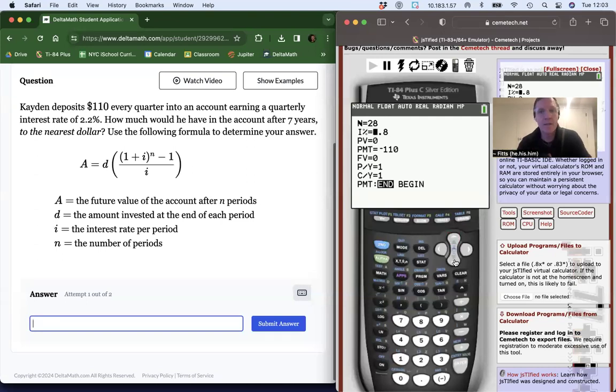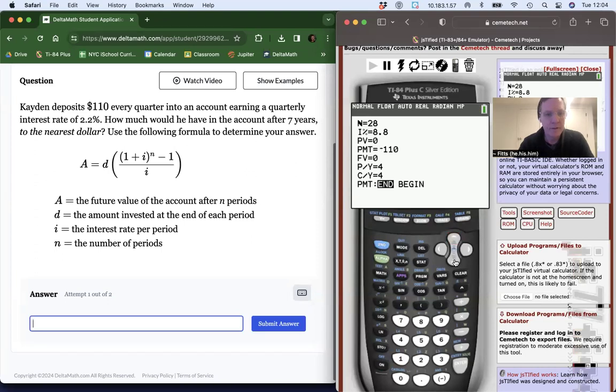So there's basically 28 payments happening, right? And then how much would you have in the account after 7 years? One thing is, with this P/Y and C/Y, you want that set to the number of payments per year. So it's going to be 4. If it were semi-annually, that would be 2. Monthly would be 12. Annually would be 1.